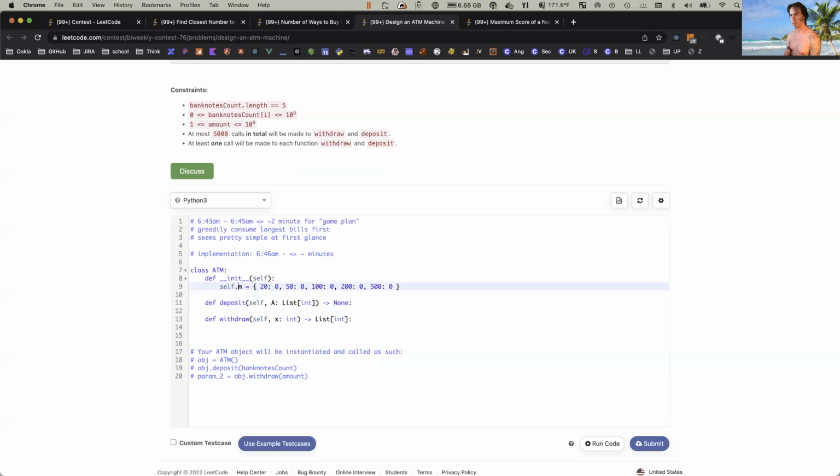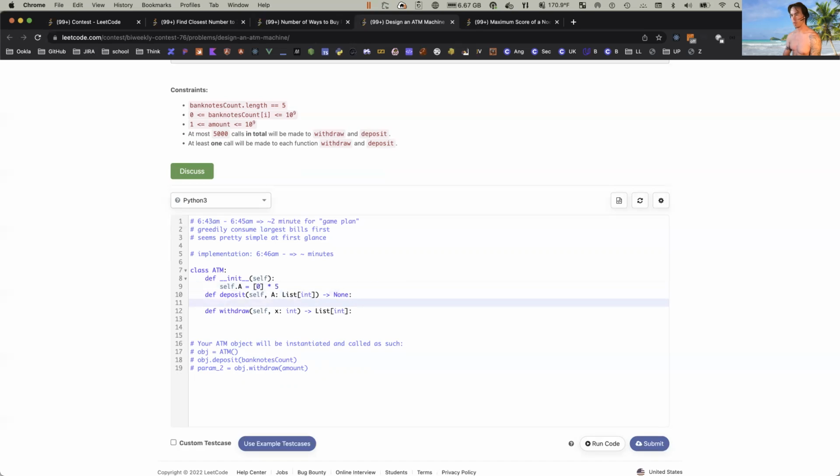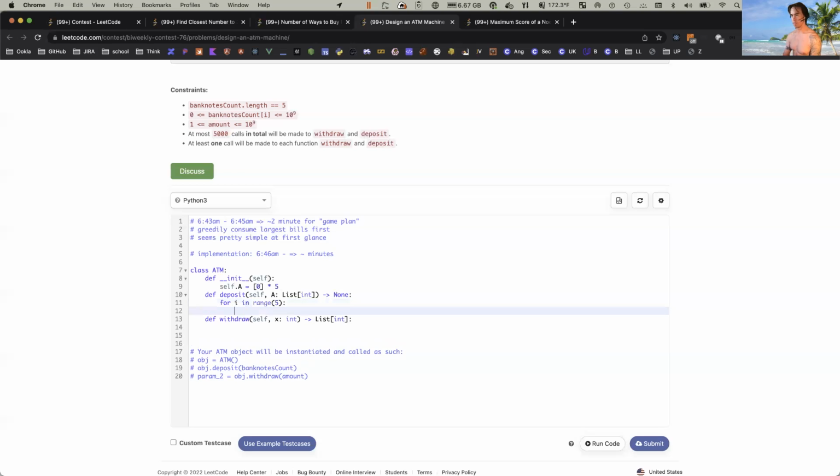No, let's not make it too complex. Self.a, let's make an array, right? It's fine. 0 times 5. For i in range 5, self.a[i] plus equals a[i].